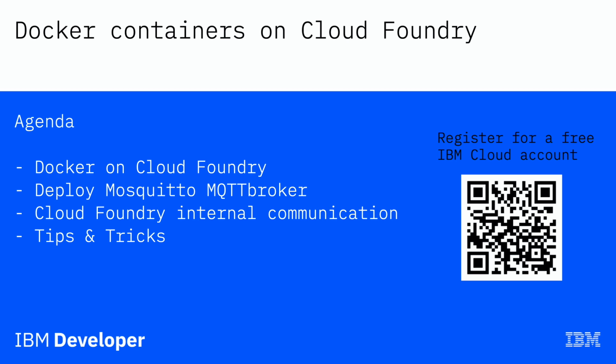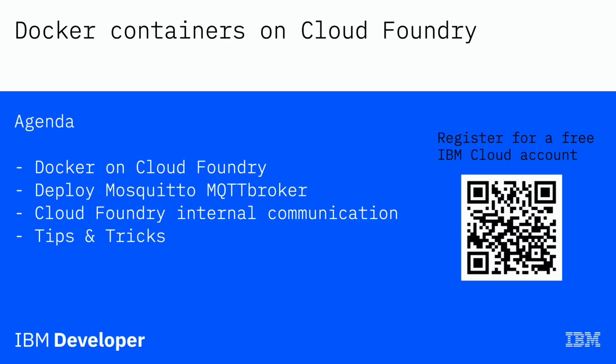So here's a short overview of the agenda that we will cover on the topics today. We will briefly mention the capabilities of running Docker containers on Cloud Foundry on the IBM Cloud. And as an example, we will also deploy a Mosquitto MQTT broker using Docker onto Cloud Foundry.